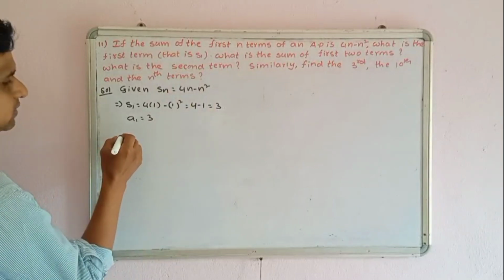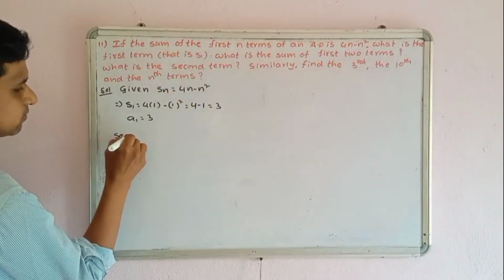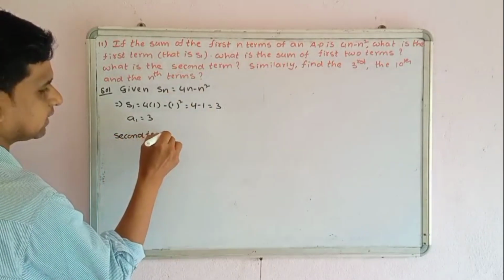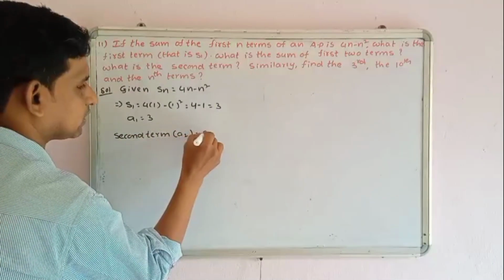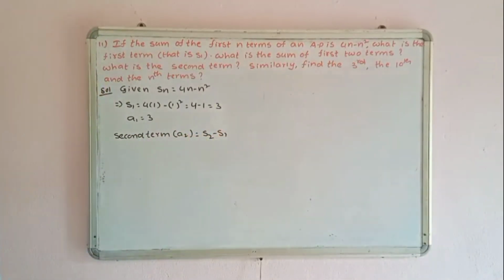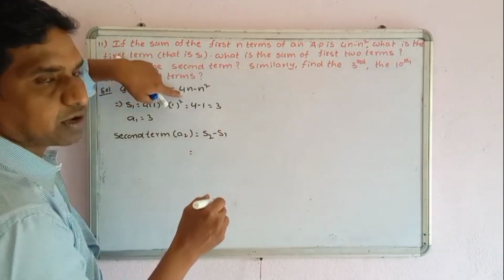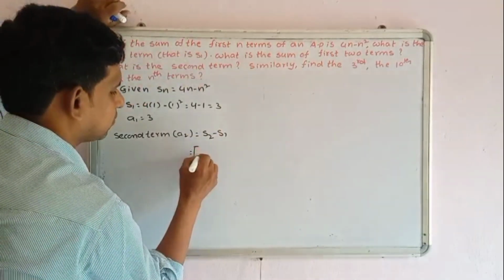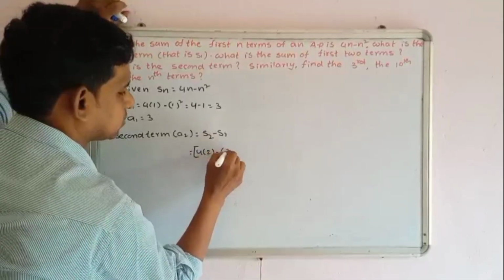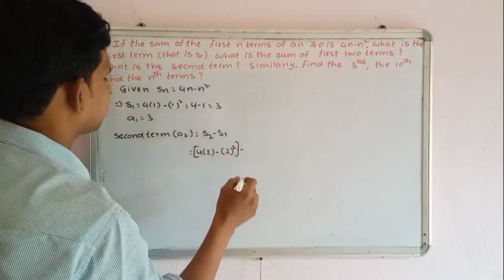Second term: a2 = S2 − S1. What is Sn? 4n − n². S2 means 4 × 2 − 2², minus S1.